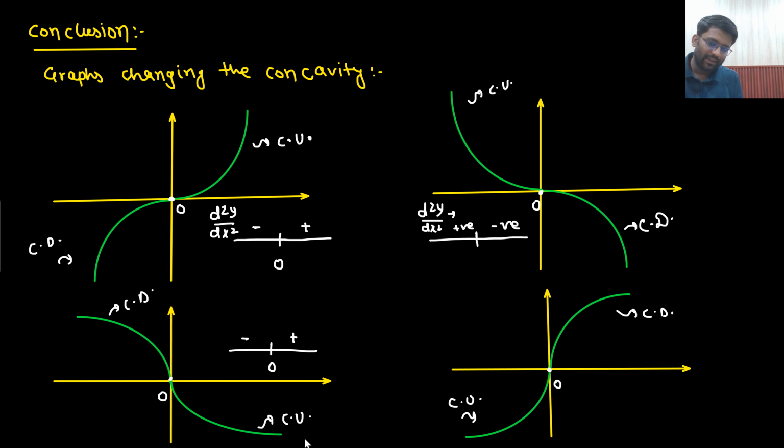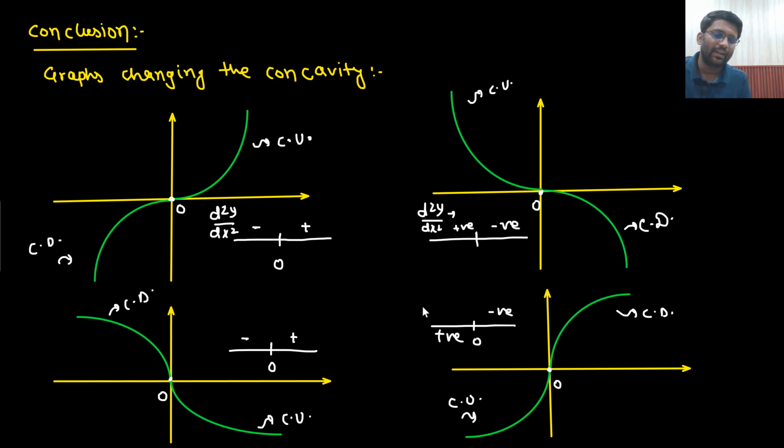And this is your minus infinity, and minus infinity to 0 it is going. So that means decreasing and increasing. And here it will have positive and then negative sign. From infinity to 0, and here from 0 to plus infinity. So this much graph you should be able to draw on your own.